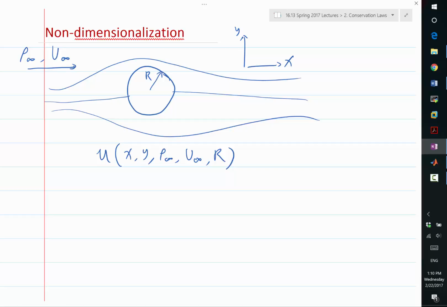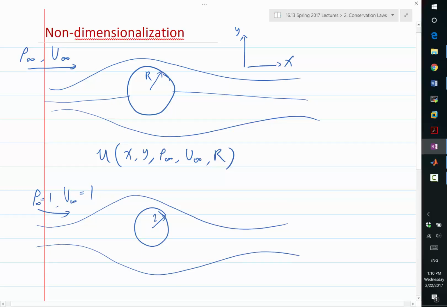But if we non-dimensionalize things in potential flow, we know that we can take just the radius to be 1, the free stream rho equal to 1, and u infinity equal to 1. The flow field is going to be similar to what we get in this case.